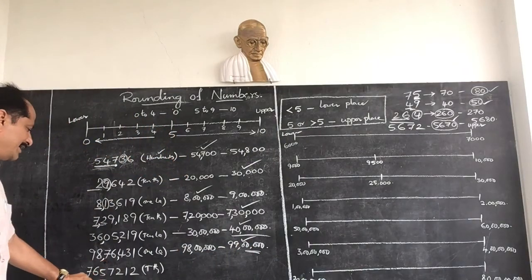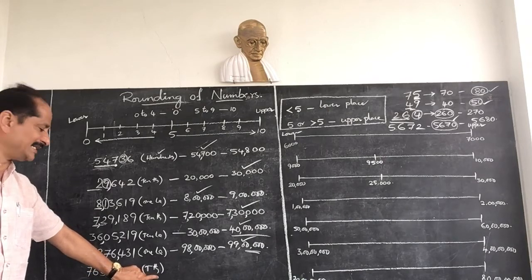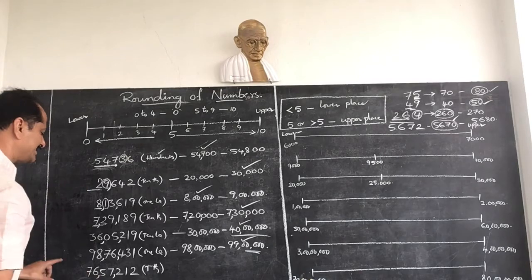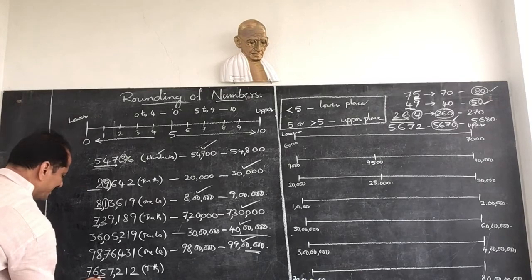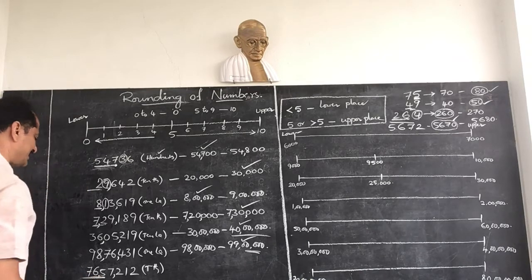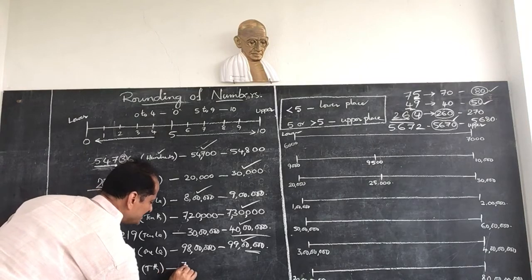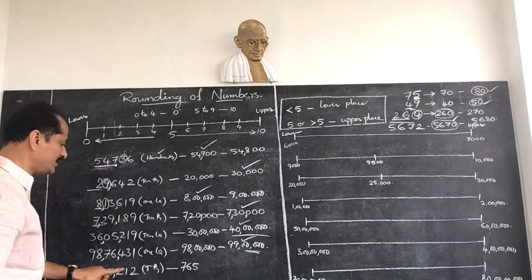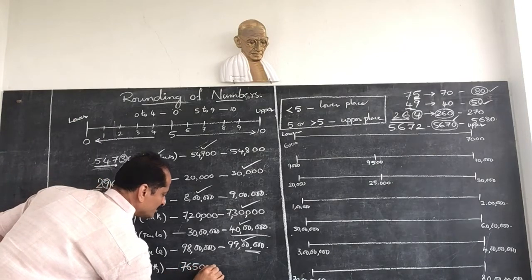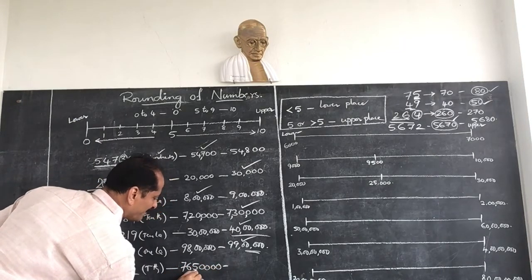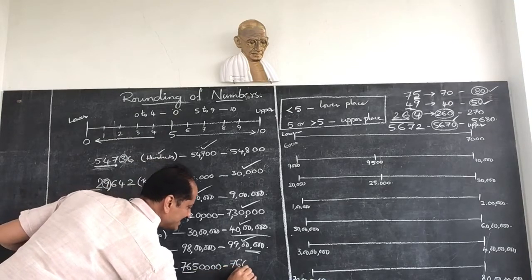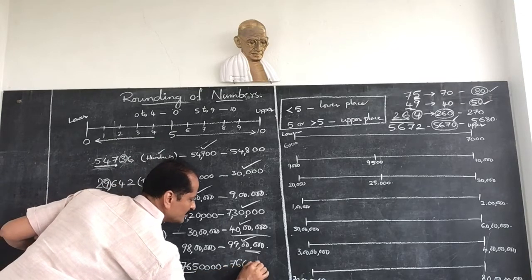Okay, next this one. 10,000 he is asking. So units, thousands, lakhs. 765 10,000s. That means this number is in between 765 10,000s and 766 10,000s, which is 4 zeros. 1, 2, 3, 4.